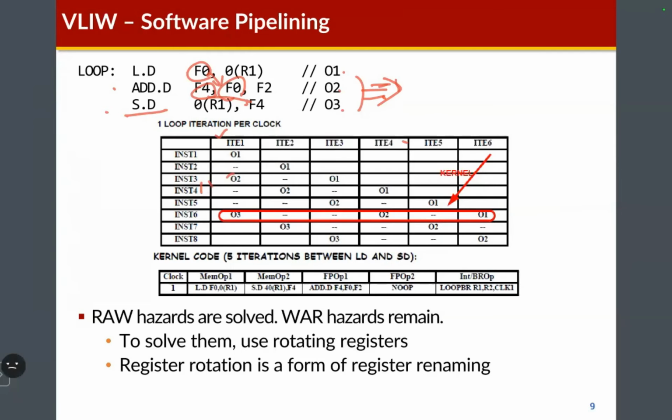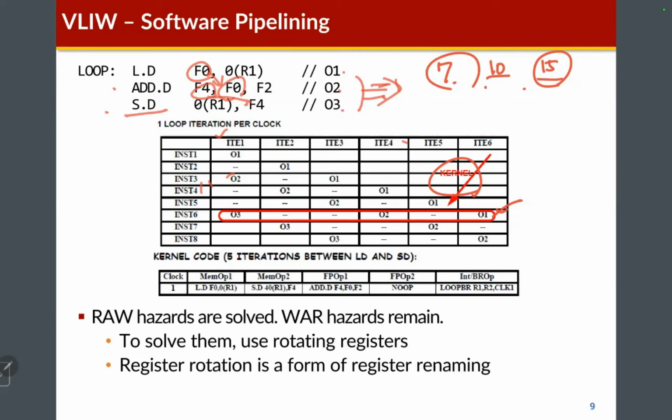What I want to say is that this loop can be unrolled 7 times or 10 times or 15 times, but regardless of the number of unrollings, we can apply the same kernel, and this kernel will be repeatedly executed by the VLIW hardware.